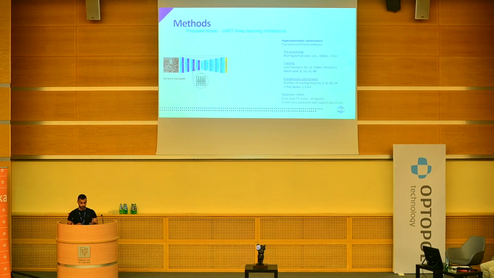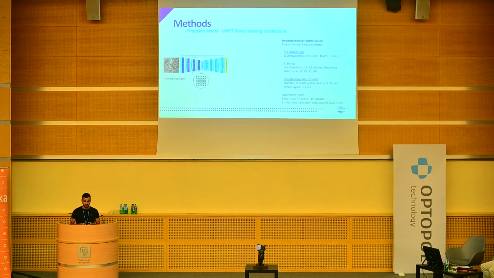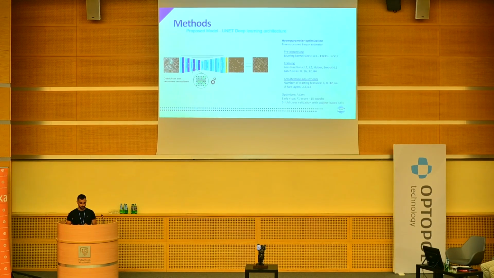Right, so then we proceeded. We trained a UNet. This is the basics or the standard in terms of image segmentation. We did the hyperparameter optimization, something that Alejandro was also trying to explain today, how it works.